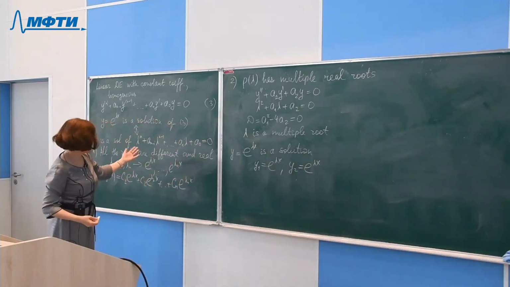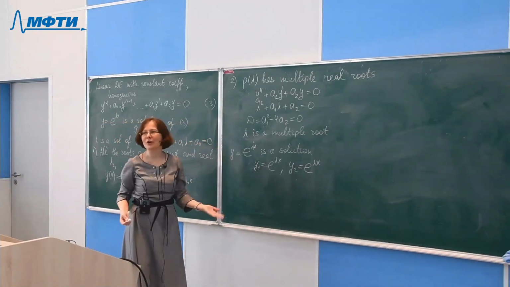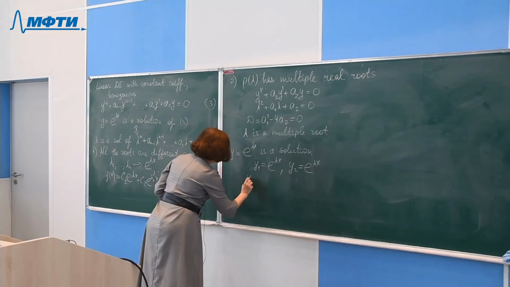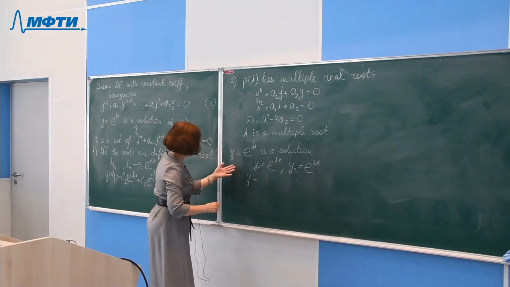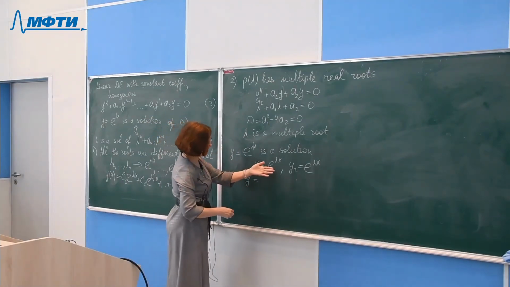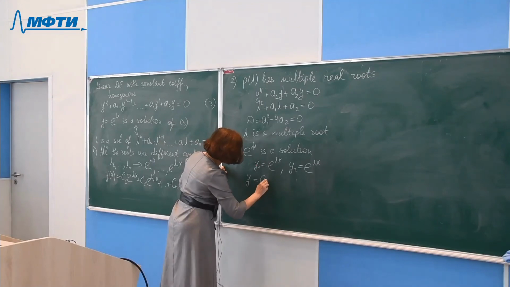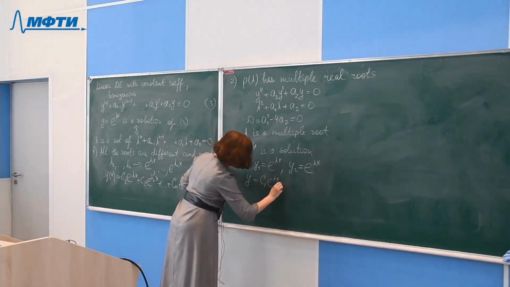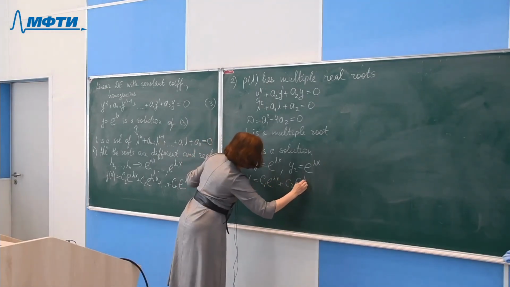But it is not true that the general solution is equal to the linear combination c1 e to lambda x plus c2 e to lambda x.